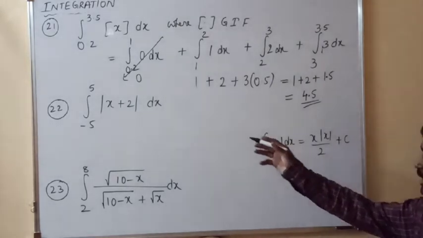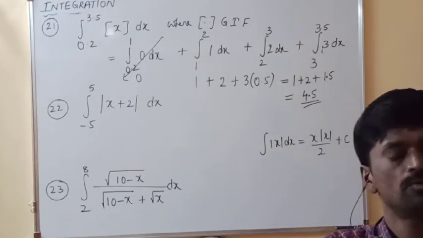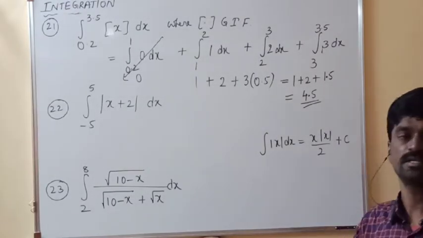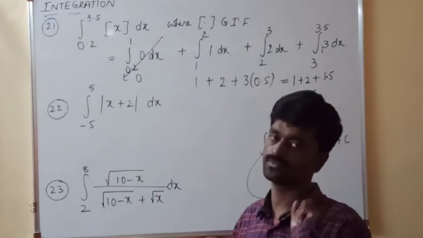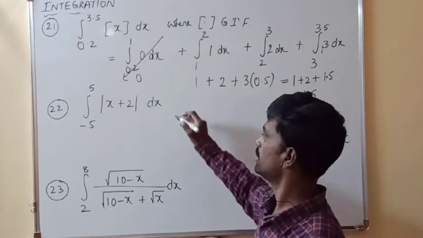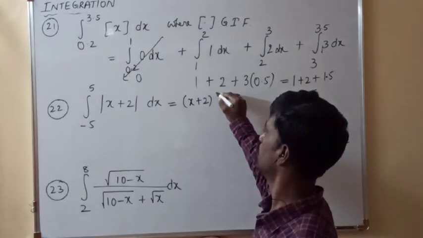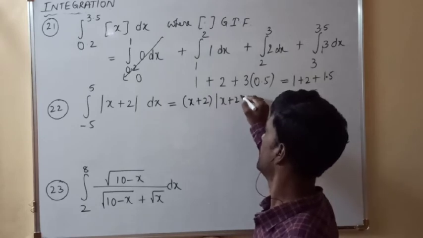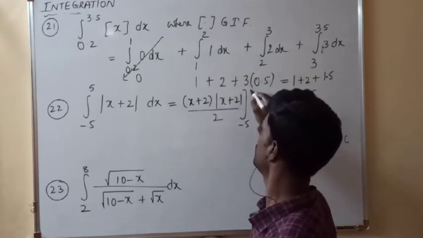Suppose instead of x, a linear factor ax plus b is there. Same formula but we have to divide with what? A. That is the x coefficient. But here, luckily, the x coefficient is 1 only. So what is the integral of mod x plus 2 dx? Write x plus 2 into modulus of x plus 2 divided by 2, limits from minus 5 to 5.